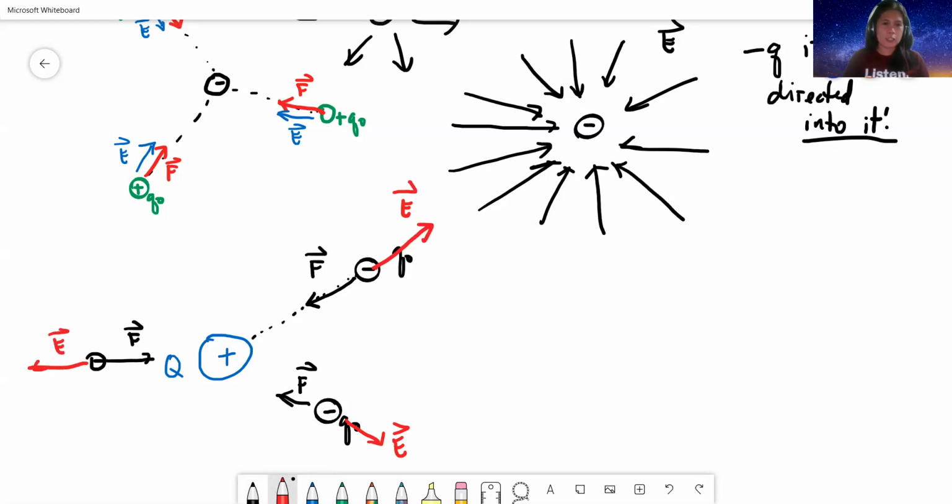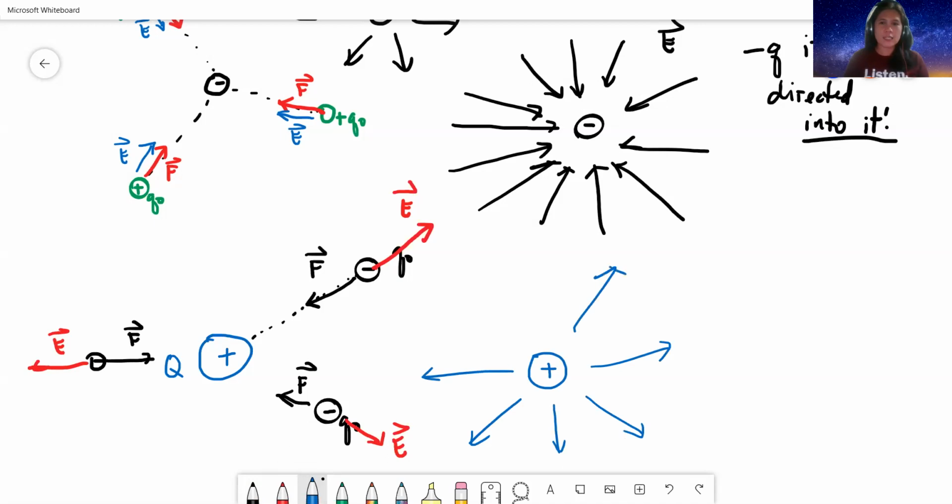So if we put all the electric field lines of our source charge Q, it's still consistent that the electric field of a positive source charge is directed away from it. Kaya it's not violating what we showed earlier, no?